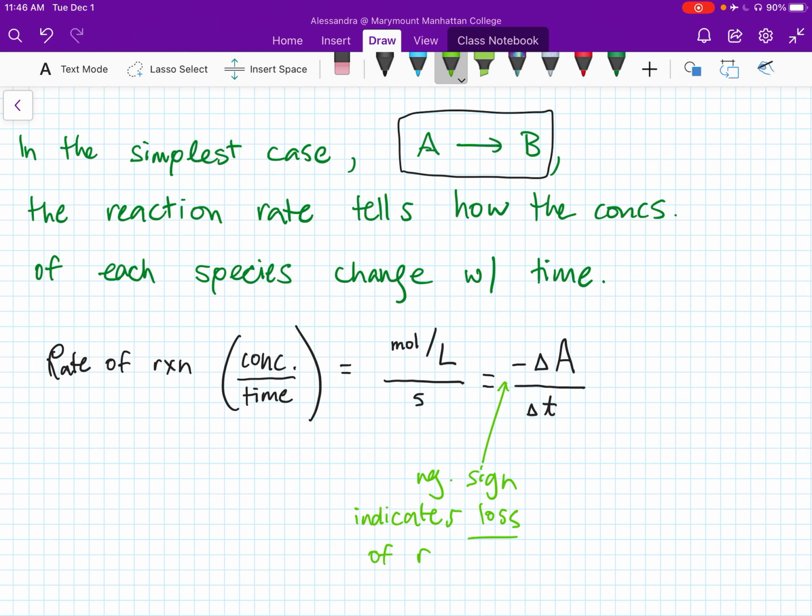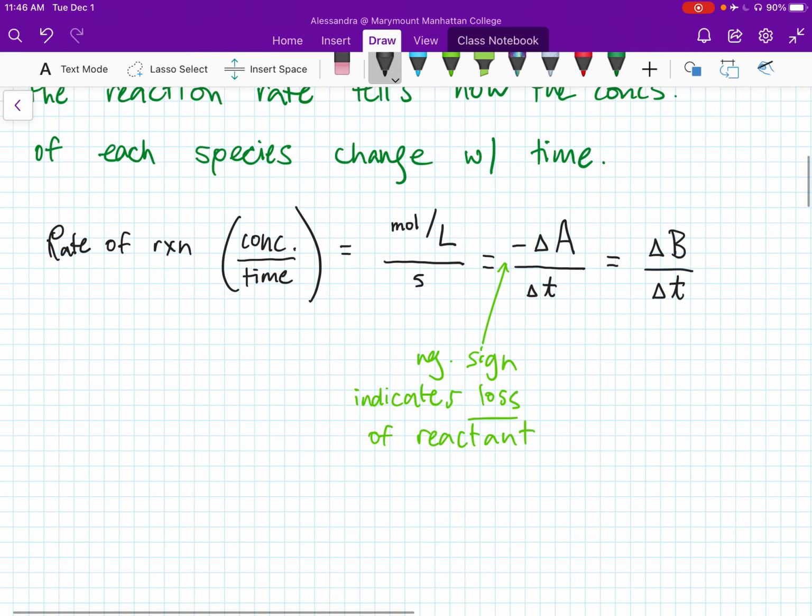So conversely, when we think about product B, we're going to have a positive sign. So while A is decreasing, B is going to be increasing. So we have a positive delta B to symbolize the gain in product B. So I wrote these with delta, but another way to write this is using a lowercase letter d.